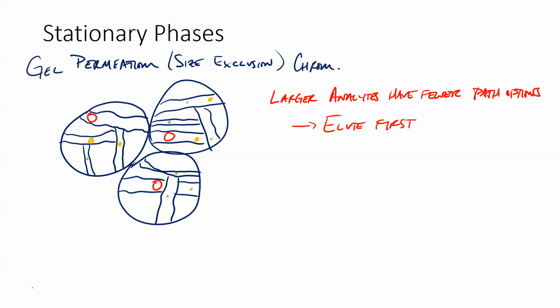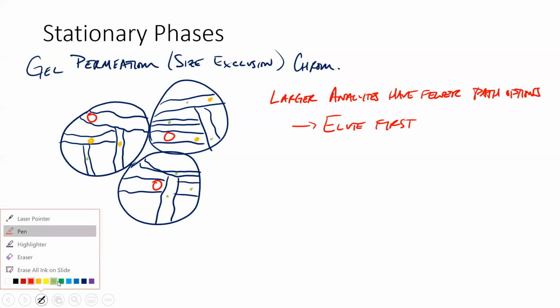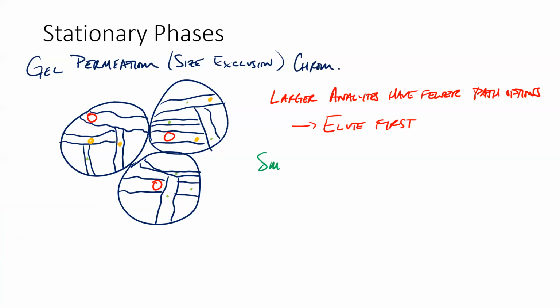And so the larger analytes will elute out first, and of course the smaller analytes, I'm going to use the word meander, sort of wander through the column. And so they elute last.